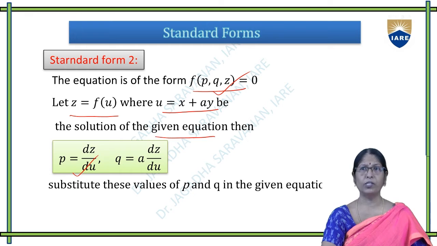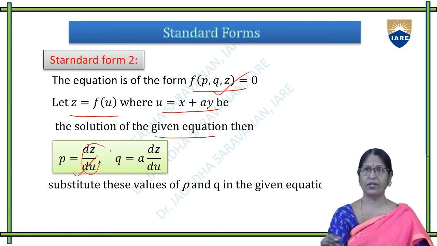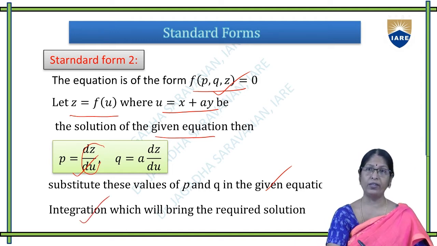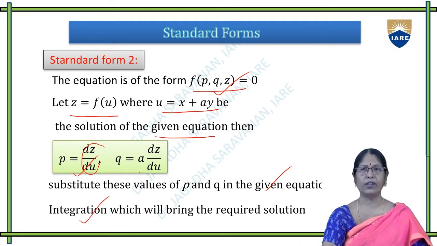Substituting this p and q in the given equation, we get one result, on which we have to do integration. After integration, what we get is the final result, that is our required solution.